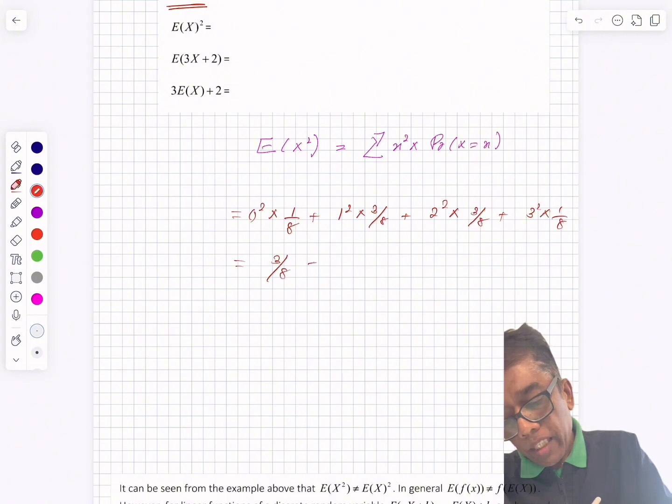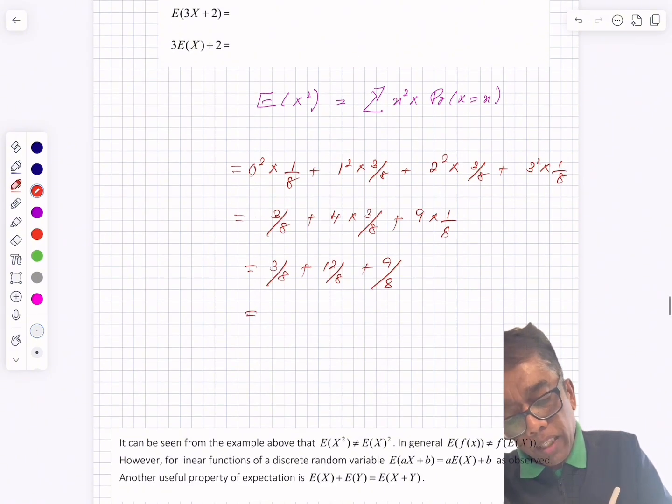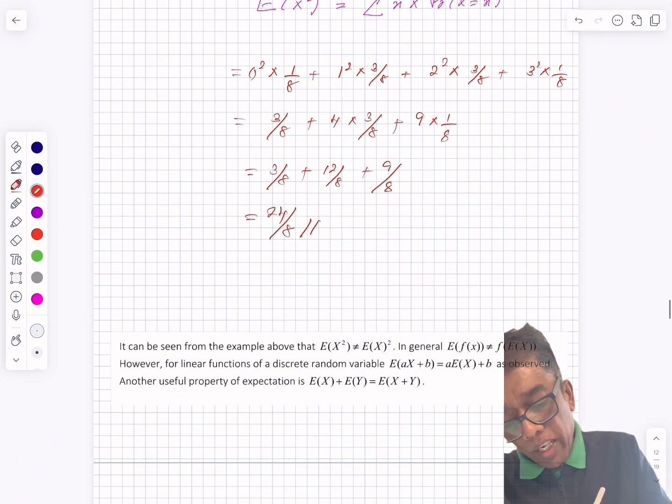This is 0 plus 3 over 8 plus 4 times 3 over 8 plus 9 times 1 over 8. It is 3 over 8 plus 12 over 8 plus 9 over 8, which is 24 over 8.